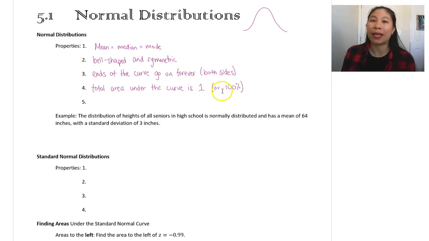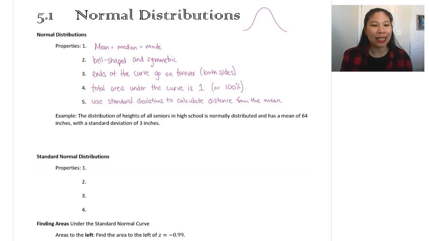Or you can think of it as 100% of it being shaded in. This is important because for all of our normal curves, what we're trying to do is calculate probabilities, or the area under the curve. So we're looking for percents, or decimals if you choose decimals instead of percentages.